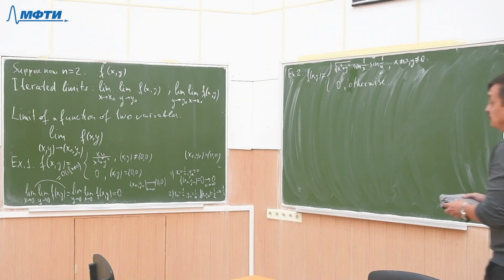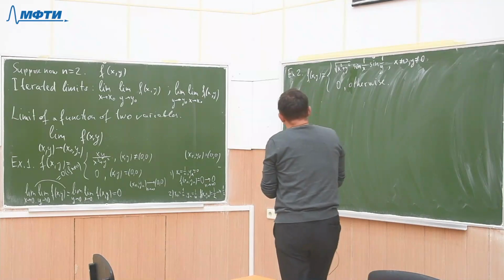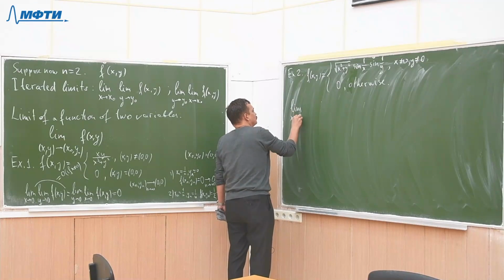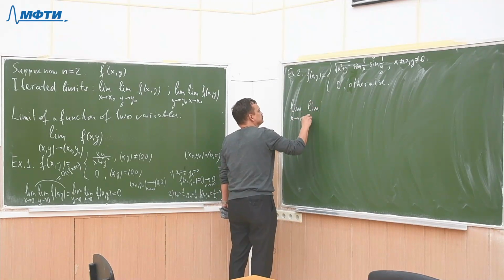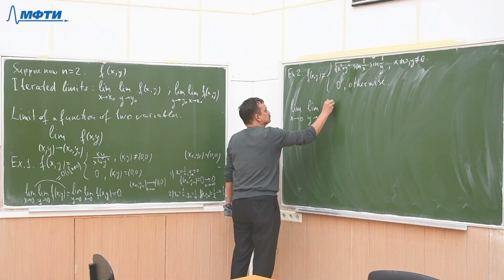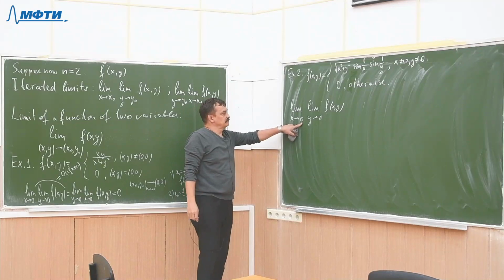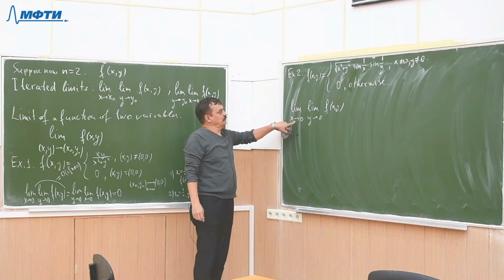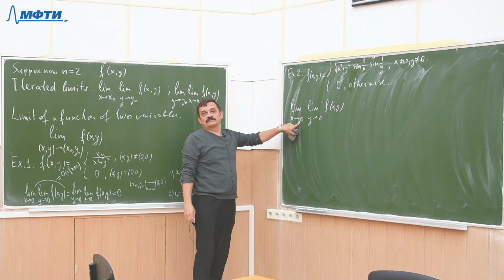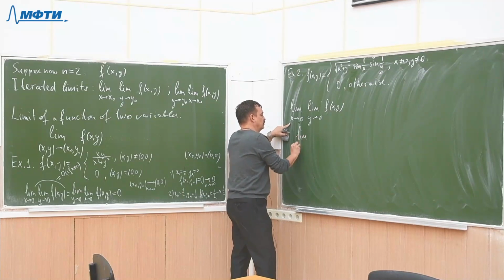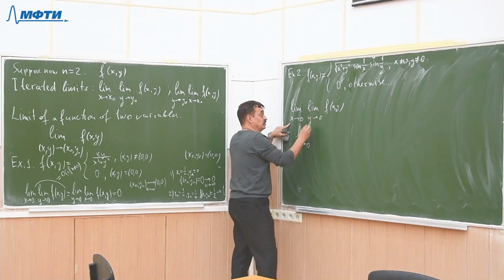Now, look at iterated limits. For example, what can we say about this? So I want to substitute x not equal to 0. Let me look at this inner limit.